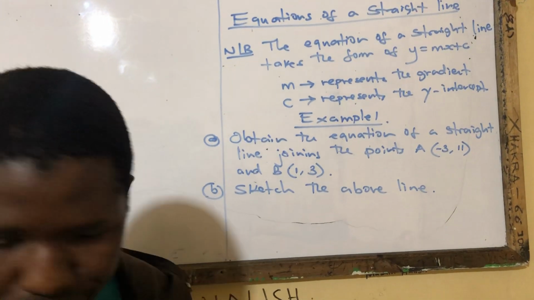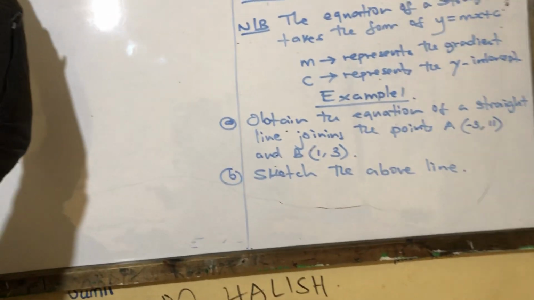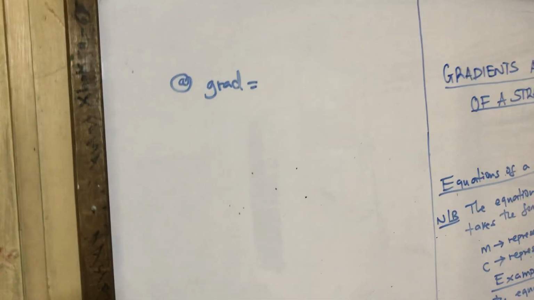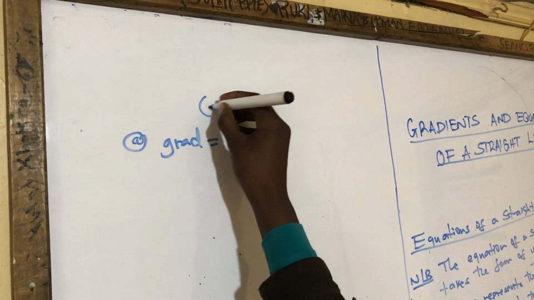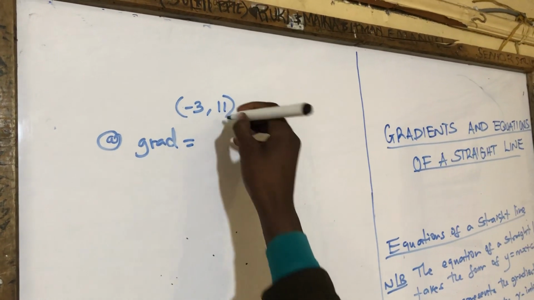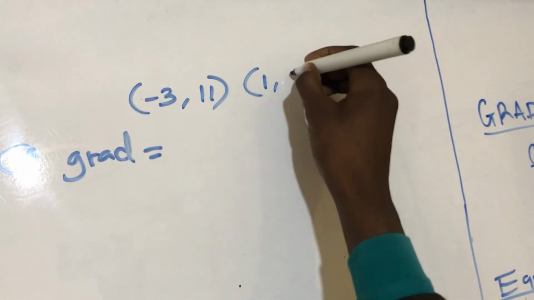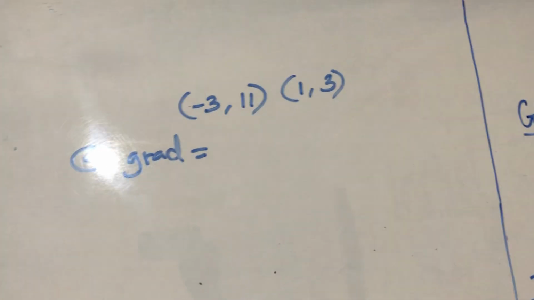which is 1, 3. The first thing that a student is required to do is to obtain the gradient of the line. The line is passing through the point -3, 11 and again passing through the point 1, 3. How do we find the gradient?